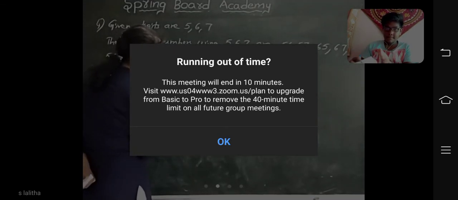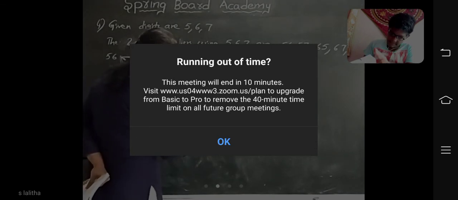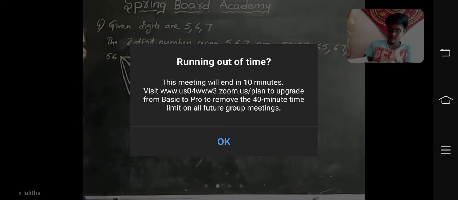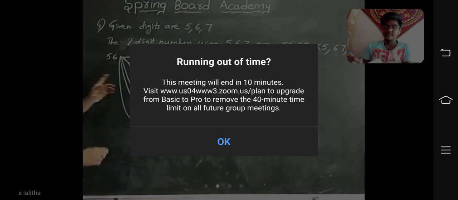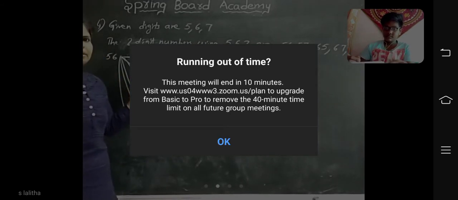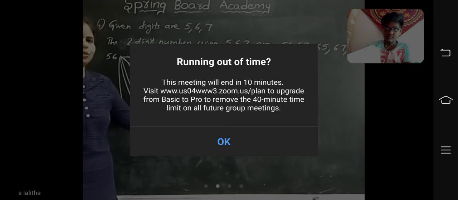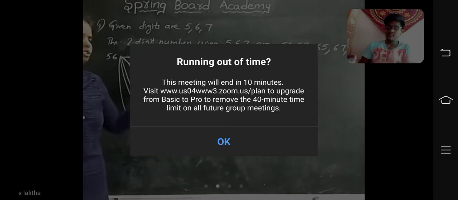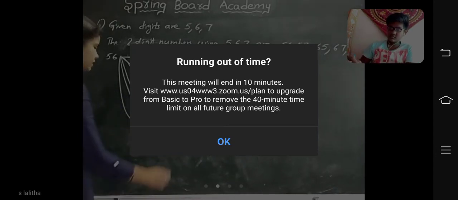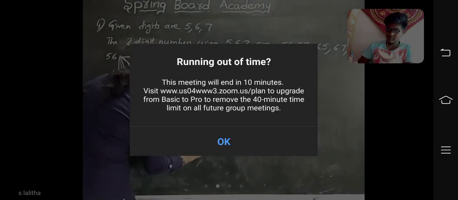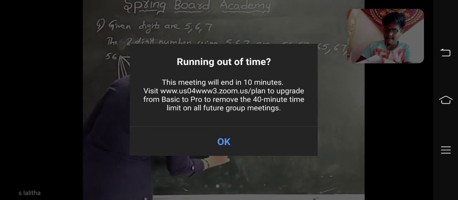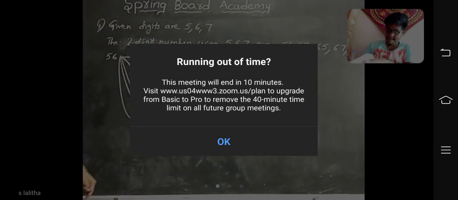Okay, next one 9. Is it divisible by 9? Here we are adding. 5 plus 6, 11, 1 plus 1, 2. Is 2 divisible by 9? No. So it is not divisible by 9.